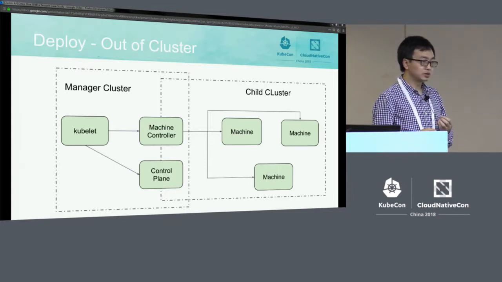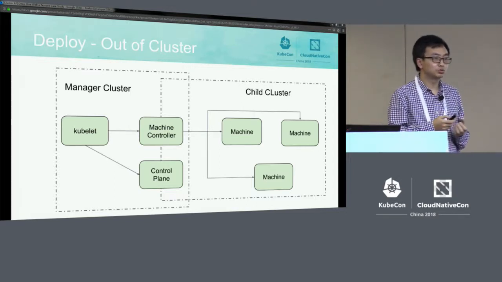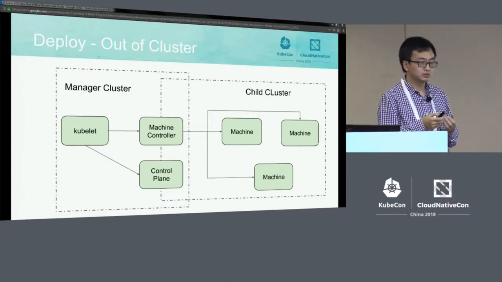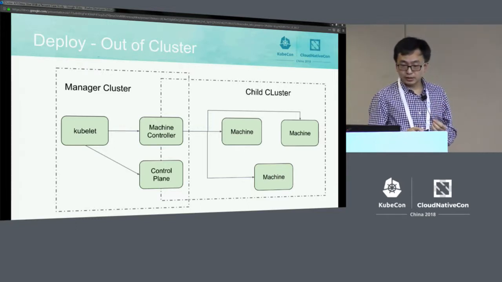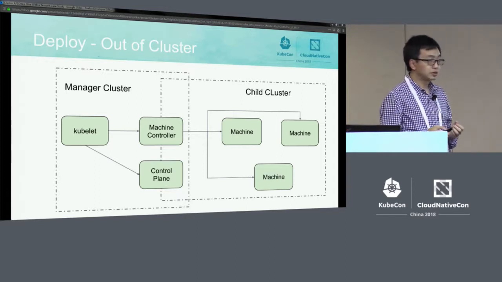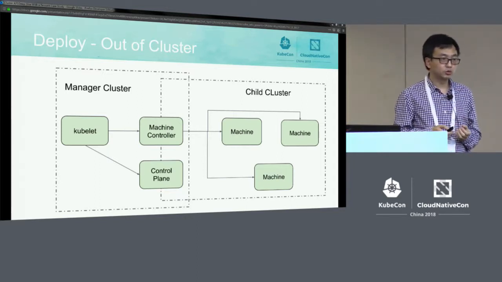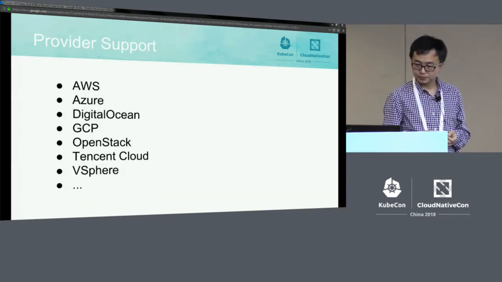In this case, if we're going to upgrade the control API and the API or the others, you just need to upgrade the pod as normal, and it doesn't influence the running of the child cluster as well. Since the controller is running on the manager cluster, it is also responsible for creating some resource for the child cluster.